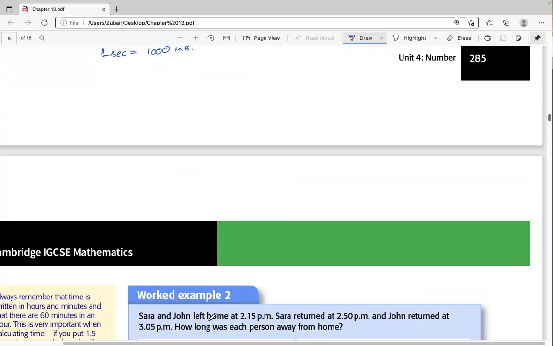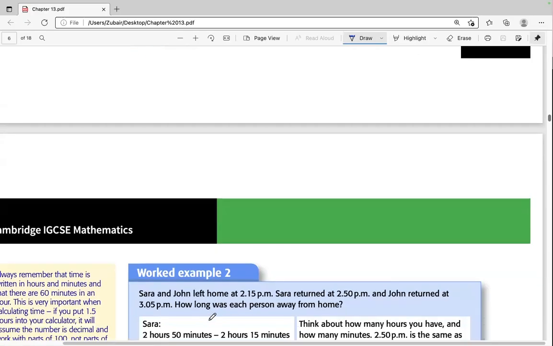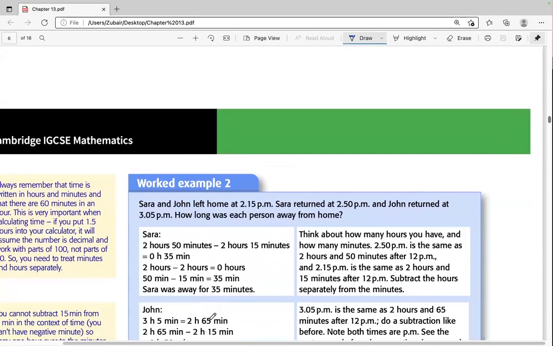Sarah returned at 2:50. How long was each person away from home? I think we'll find the difference and divide by 2. Sarah is 2 hours 50 minutes, so yeah, it was 35 minutes for Sarah. And then we just write how long he was away.